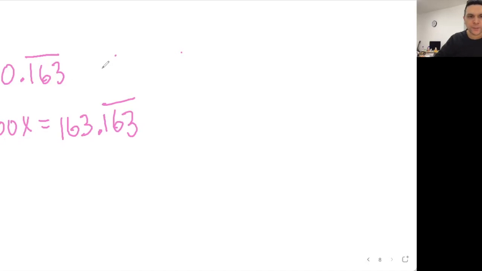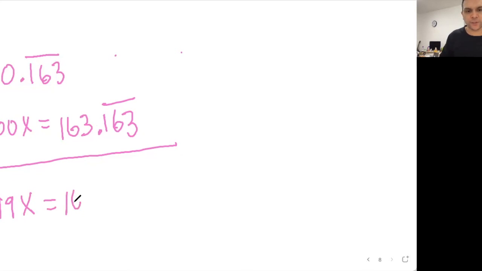Now I'm going to subtract this from this so I can get rid of that repeating part. 1000x minus 1x is 999x. And if I subtract this from this, I'll just get 163.000. I'm writing these 3 zeros, but it's unnecessary.